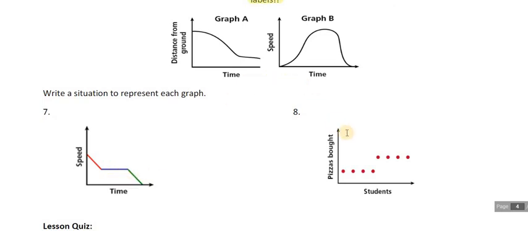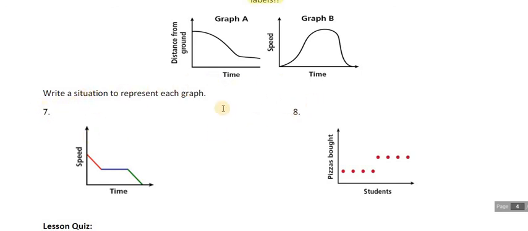In number 8, we've got a discrete graph. So 7 was continuous, 8 is discrete. And notice we've got numbers of students on the x-axis, pizzas bought on the y-axis, because you can only buy whole numbers of pizzas. Based on the number of students you have, sometimes you're going to reach a point where one pizza is not going to be enough, so now I need to order a whole second pizza, even though it's going to be too much, but one's not enough. So think about and give me a situation for either 7 or 8.